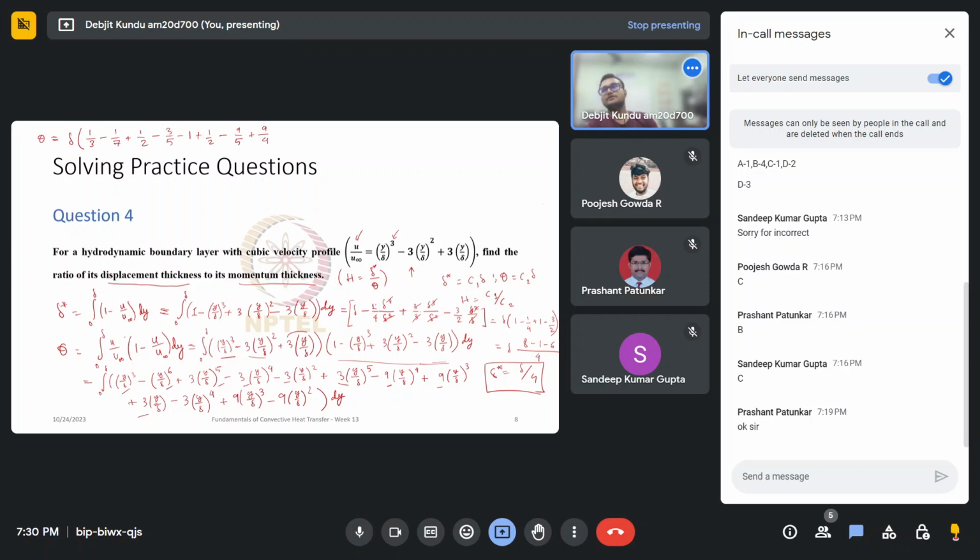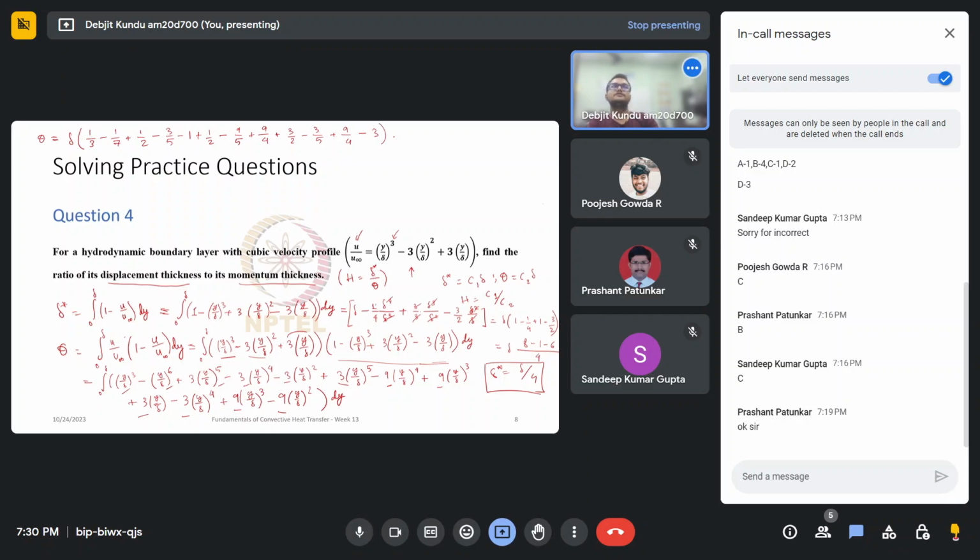This one is y, so it will become y square by 2. So plus 3 by 2. And this one minus 3 by 5. This would be plus 9 by 4, and the last one minus 9 by 3. So minus 3.